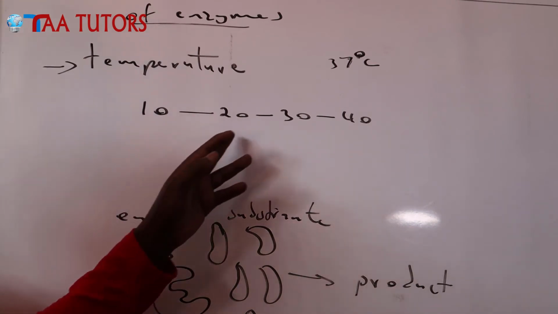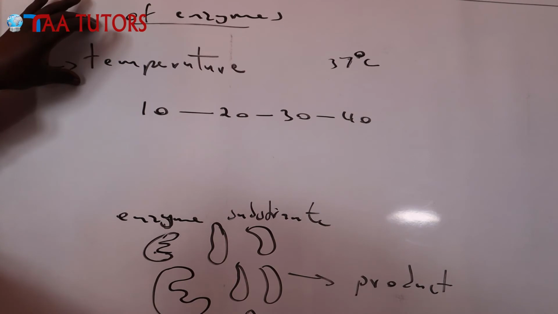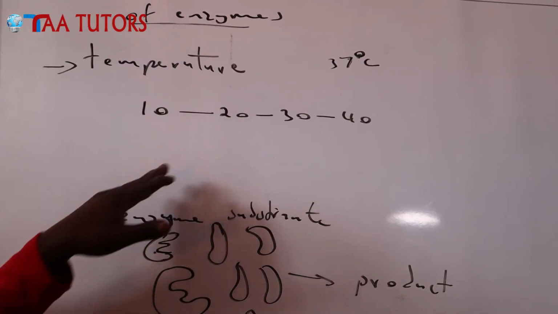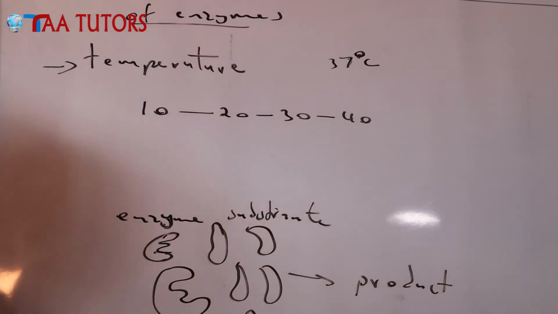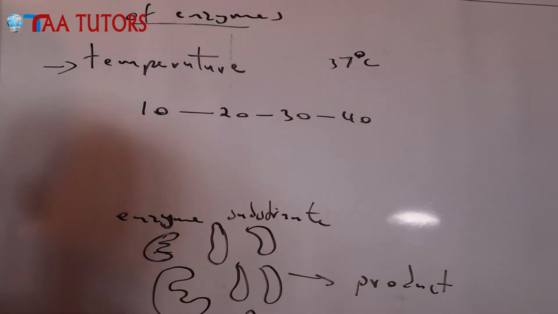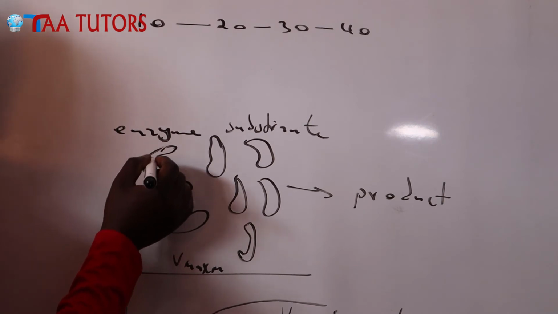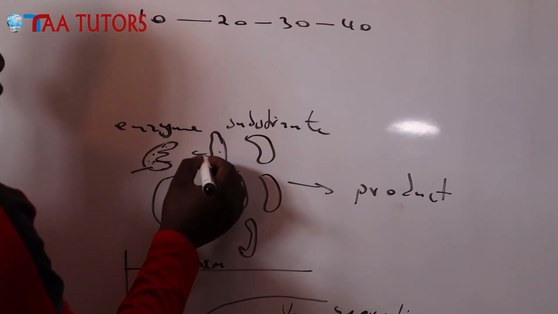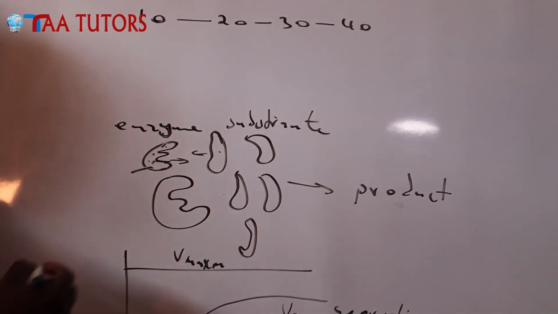The reactions will vary because of the effect the temperature has on both enzyme and substrate, so the speed of the reaction will change entirely. Look at the diagram I have here. If this is the enzyme and this is the substrate, they should be randomly moving so that they meet one another. That is the first thing.